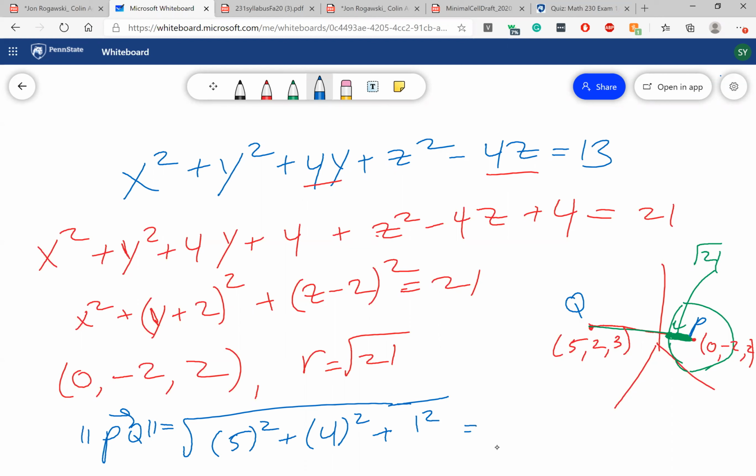So this is going to be the square root of 25 plus 16, and this is going to give us the square root of 41. So now the shortest distance is going to be the square root of 41 minus the square root of 21.